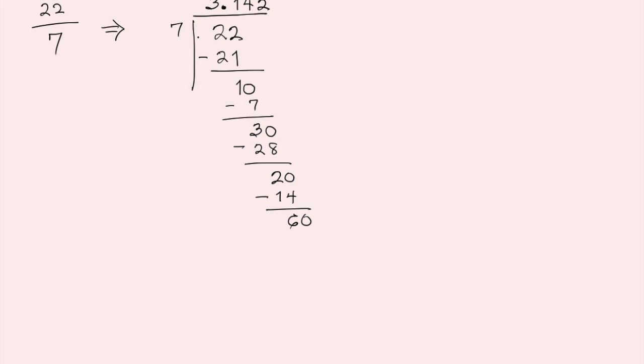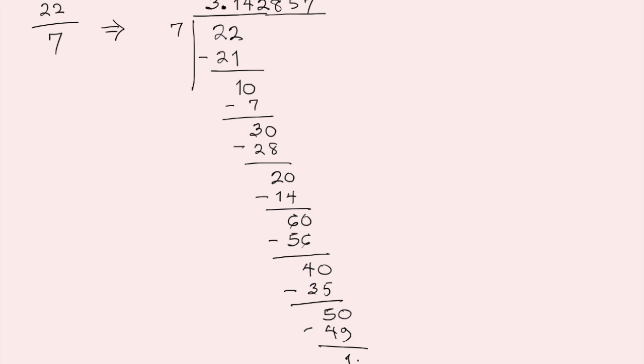And 60 can be divided by 7 8 times. 8 times 7 is equal to 56. 60 minus 56 is equal to 4. We had a 0 here. 40 can be divided by 7 5 times. 5 multiplied by 7 is 35. 40 minus 35 is 5. Now, 50 can be divided by 7 7 times. Yeah, 7 times 7 is 49.